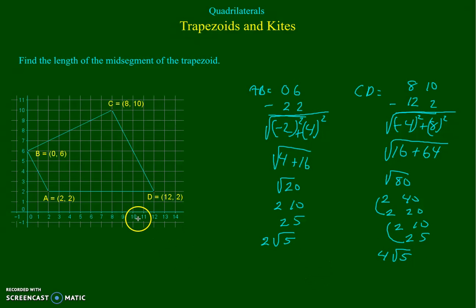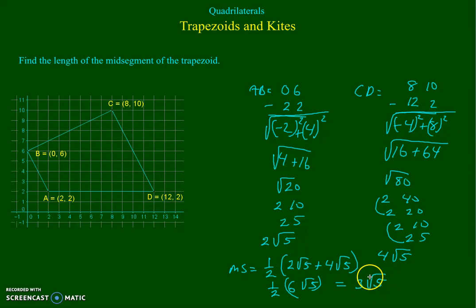And so our midsegment, whatever that is going to be equal to 1/2 times 2 square roots of 5 plus 4 square roots of 5, which is 1/2 times 6 square roots of 5, which is going to be equal to 3 square roots of 5.